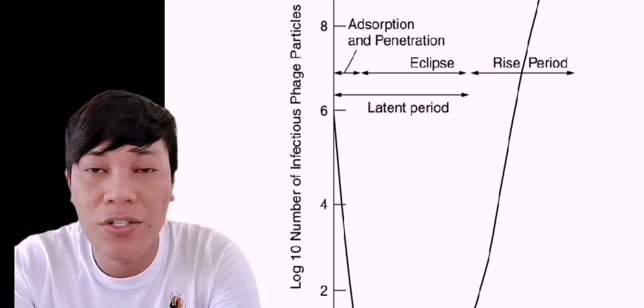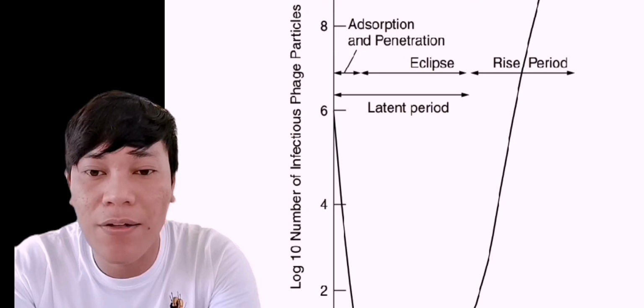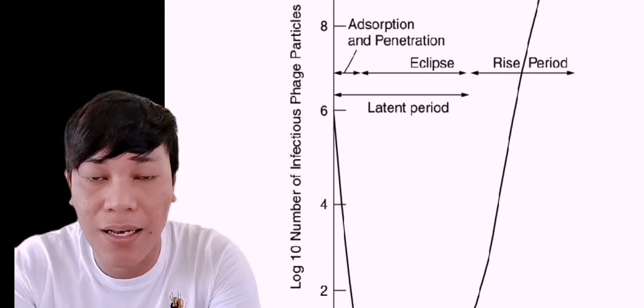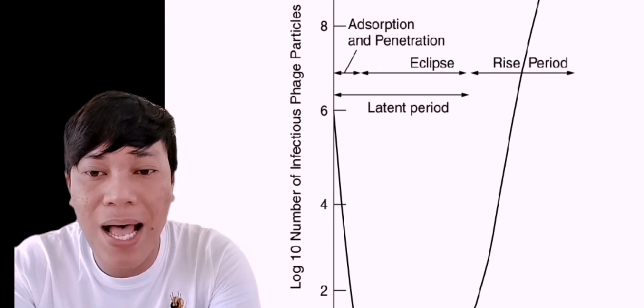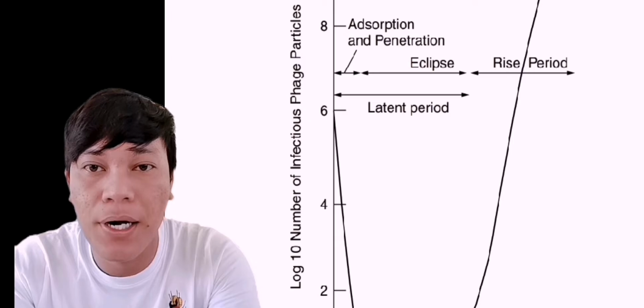This stage is termed the eclipse phase and represents that portion of the time following infection during which bacteriophages cannot be detected either in the culture medium or within the cell. The overall period encompassing absorption and eclipse is referred to as the latent period.